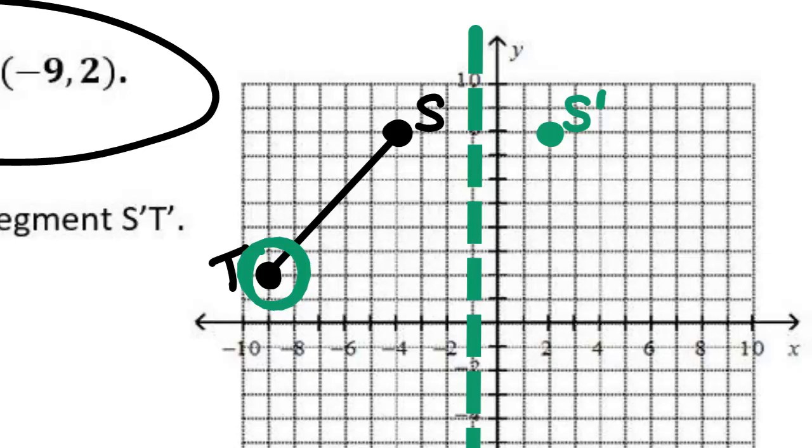What about T? How far away is T from that dashed line? How many hops would it take me? How many squares?